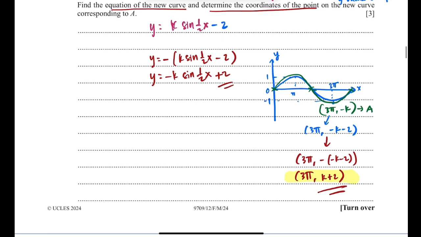So the answer for the new coordinate of A after the two transformations is 3 pi comma k plus 2. And the new equation of the curve is y equals minus k sine half x plus 2.